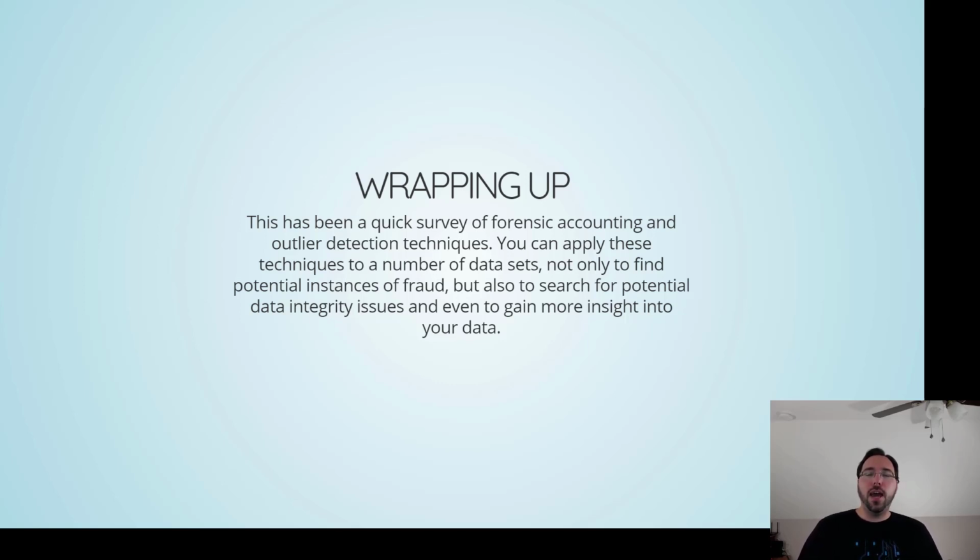These are things that accountants will use in order to try to determine whether or not there is fraud in a data set. But we can take them and use them in our own data sets, not to find fraud, but to find what our data looks like. What is the shape of our data? What is the content of our data? And does it behave the way that we expect it to?